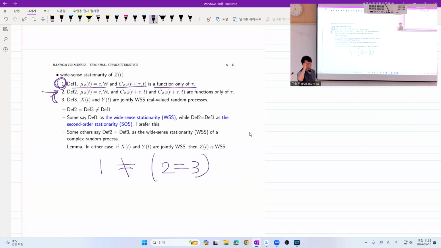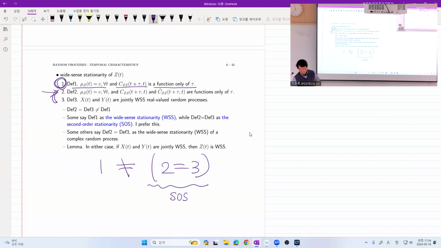Got it? But as I told you, since these ill-defined terms were used for so long a time, some people say this is second order stationary. But that is also confusing because second order stationary sounds like stationary to order 2. But it is not necessarily stationary to order 2 because it talks only about the moments, got it? Expectations.